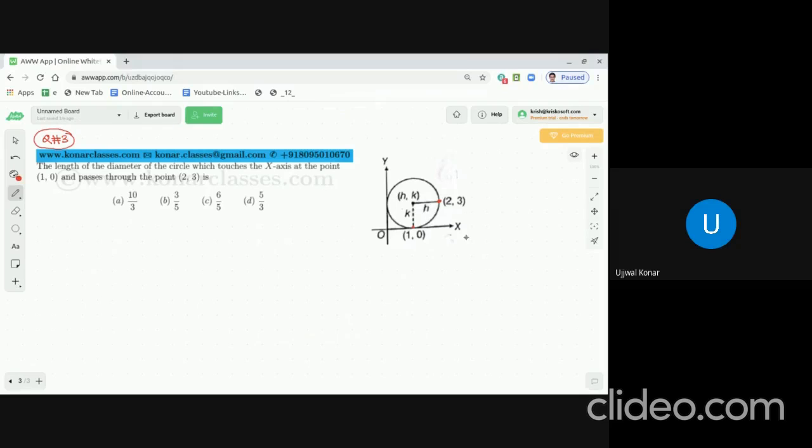So this diagram is maybe not an exact representation of the problem, so let me draw the diagram properly. It should not touch the y-axis, as I have shown here. So the exact representation of the problem will be something like this. So let me draw the coordinate axes first.